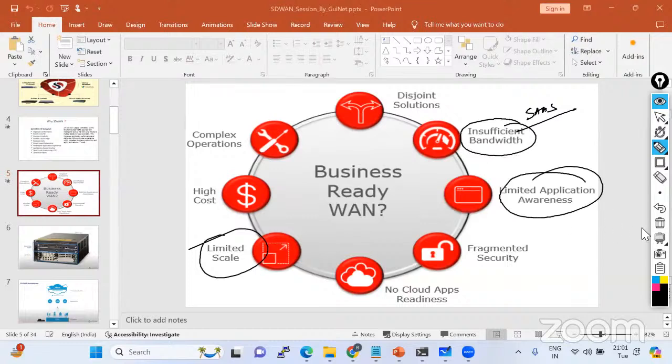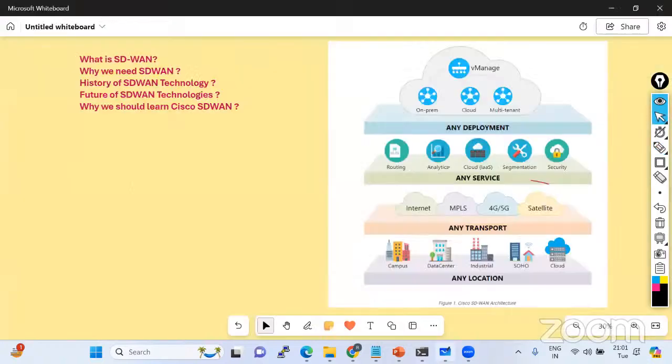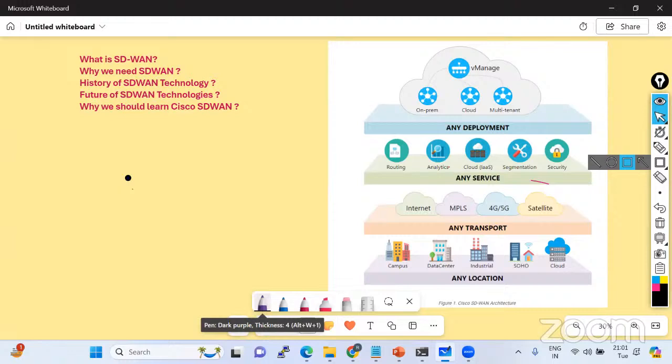Limited application awareness means, let's suppose I have one branch, and this branch has two routers. Let me use some topology. Okay, so let's suppose I have this branch with two routers, R1 and R2.